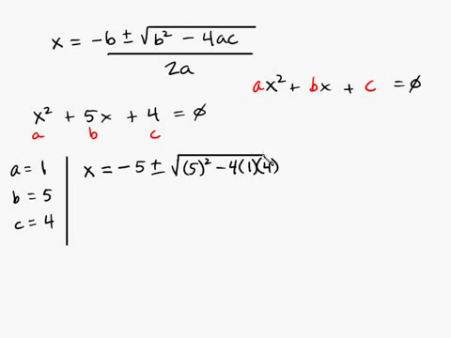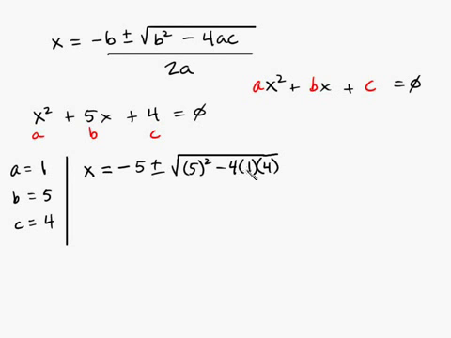Okay, so if you didn't quite see that, what I just did was this. I took my negative b, and this b here was the 5, so I plugged in the 5, then plus or minus the square root of b squared, where b is 5, so 5 squared minus 4 times a, which is 1, times c, which is 4, because that's in the quadratic formula.